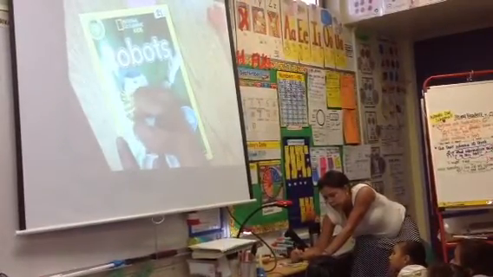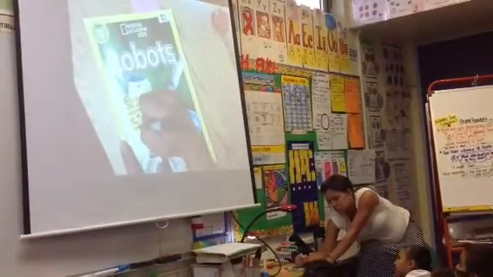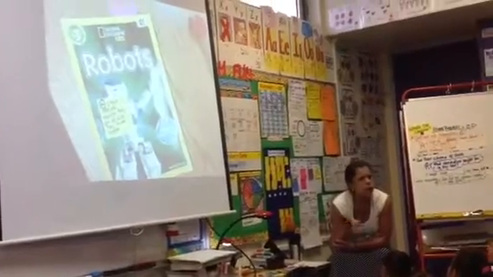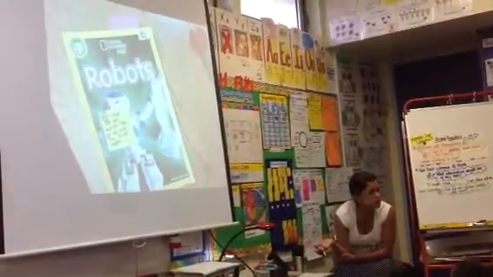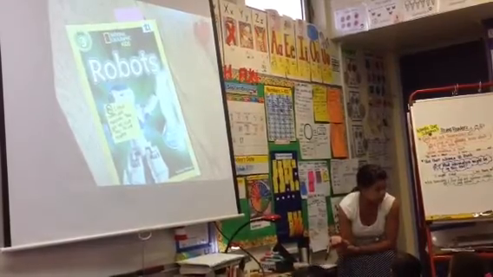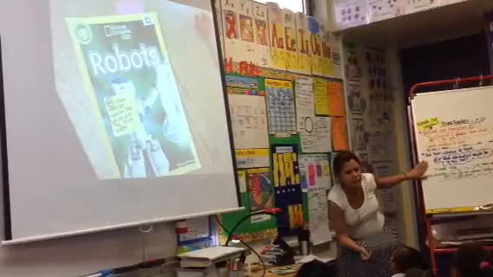They do not breathe. Now, I have some schema about robots, but informational readers, we pick books to learn more about the world. So, do you think my schema is going to grow when I read this book? Yes. Now I'm going to ask myself, what information might be in this text?